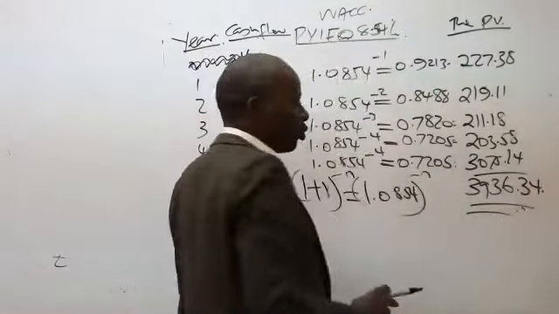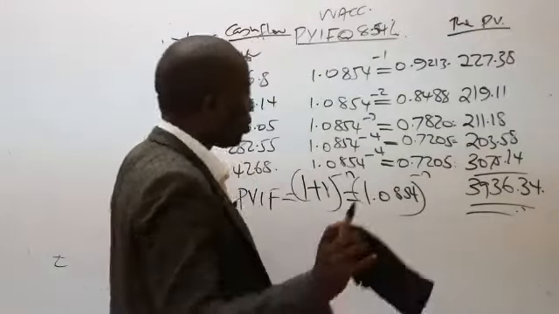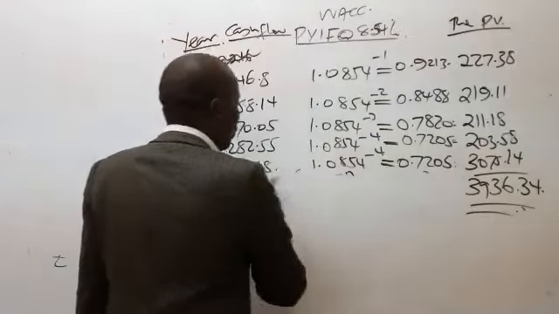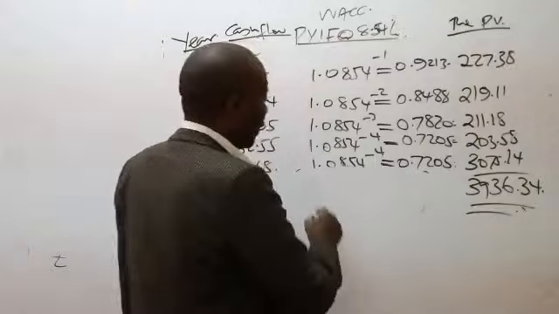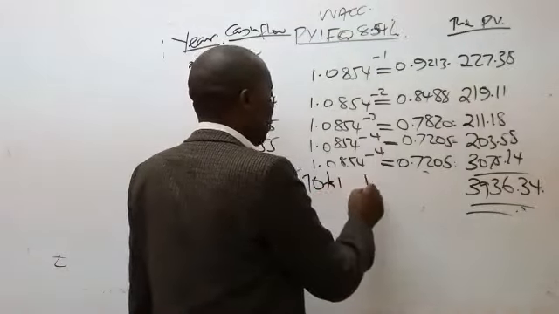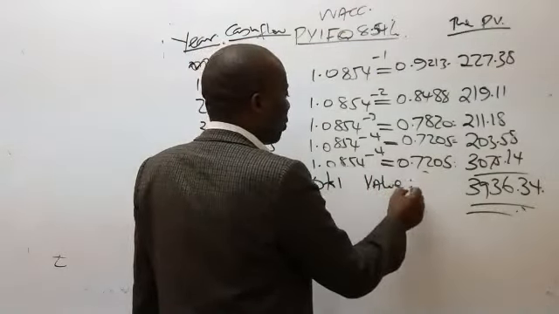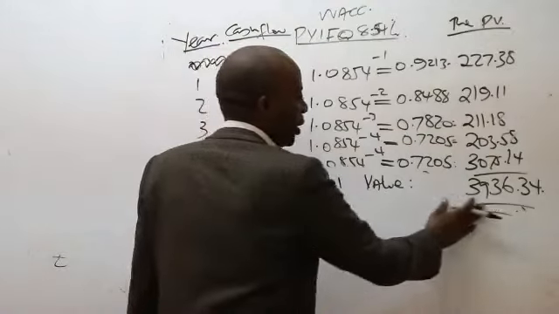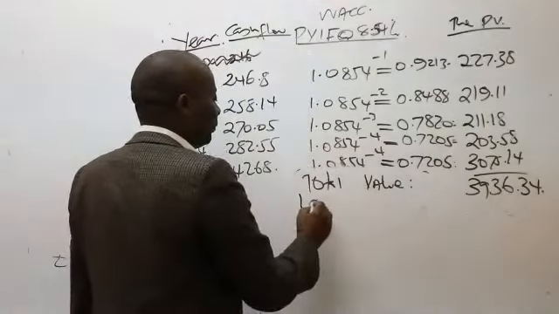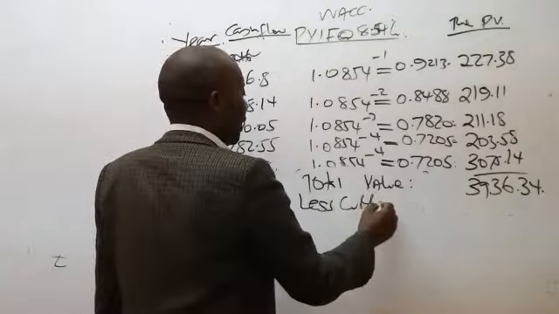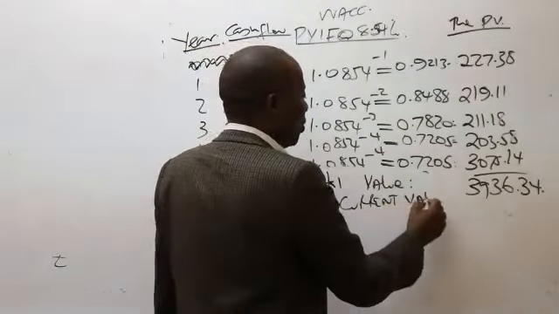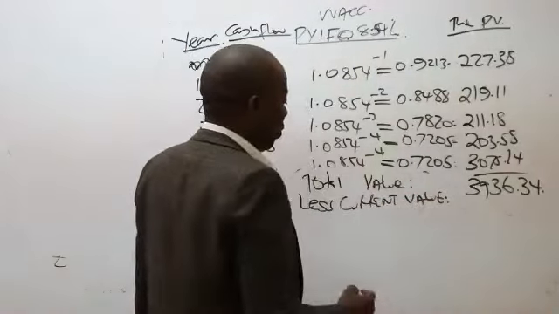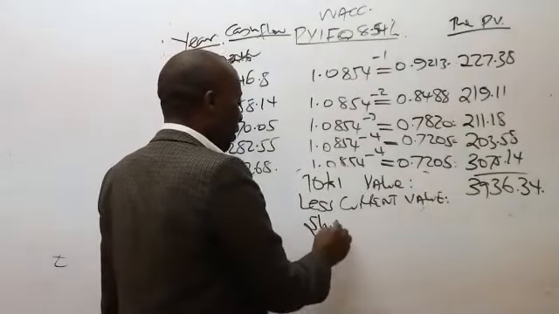So this is the total value. If you want to know the synergy, less the current value. When there are individual firms, we have the current value.